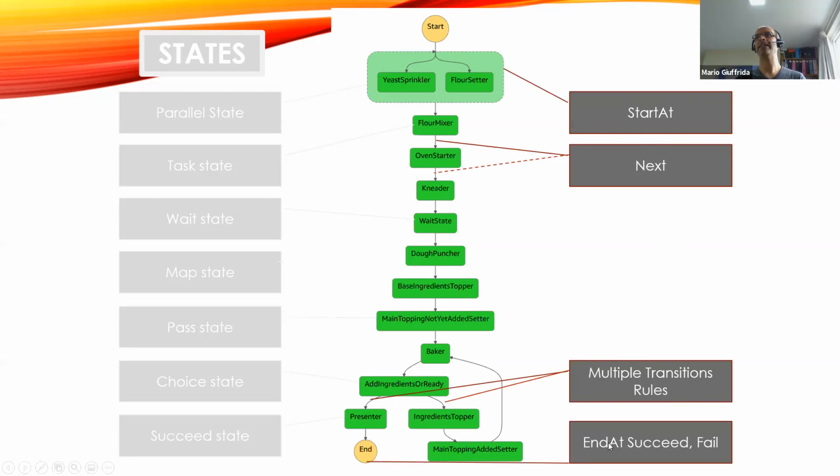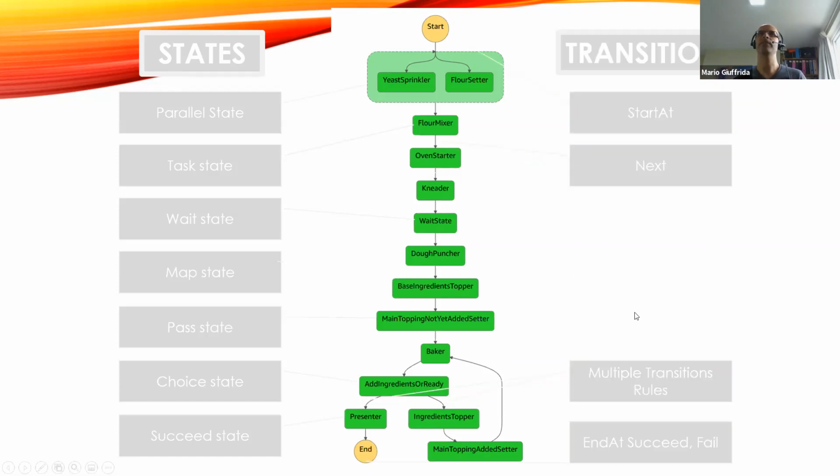Here, end at succeed or fail. So basically this step will tell me that there is no next step once we have reached here. So how do we call this set of components? We call this set of components transitions. So transitions is the second of the three main sets of components that help us to define a step function.